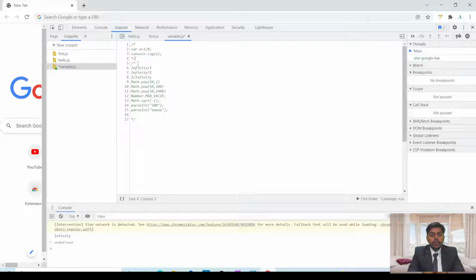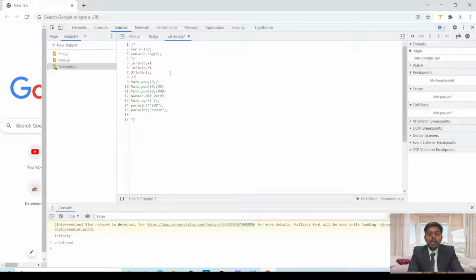Now Infinity plus 1 and Infinity into 1 are also going to be Infinity, and 2 by Infinity is going to be 0. So I'm going to run these three lines: Infinity plus 1, Infinity into 1, and 2 by Infinity.